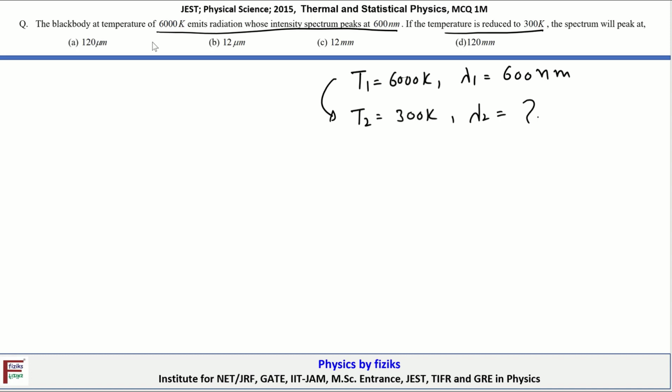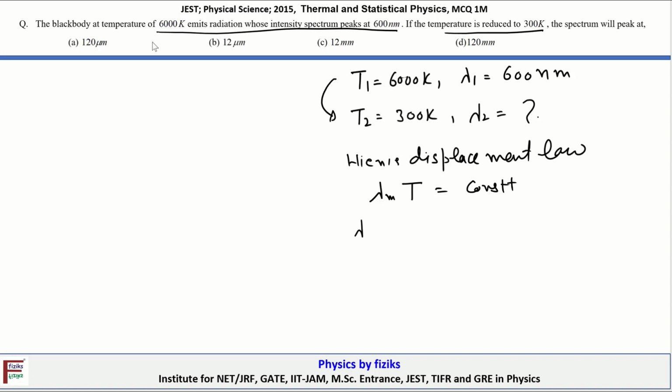Here we are going to apply Wien's displacement law. According to this law, lambda, the wavelength at which the emission is maximum, multiplied by the corresponding temperature is equal to a constant. So for two different temperatures, lambda 1 T1 will be equal to lambda 2 T2. This is given to us, and we have to figure out lambda 2. So lambda 2 will be T1 upon T2 multiplied by lambda 1.